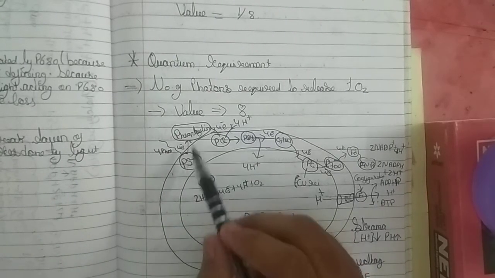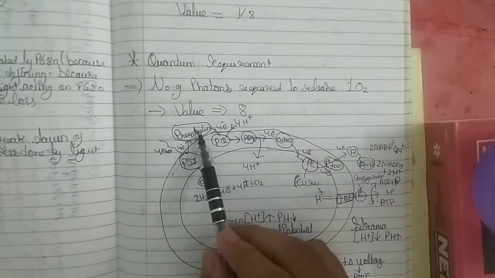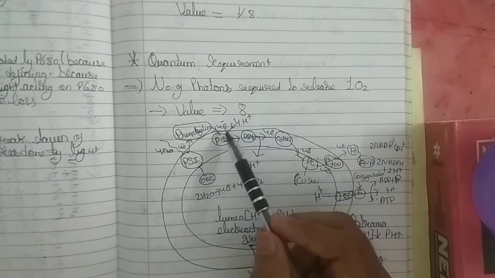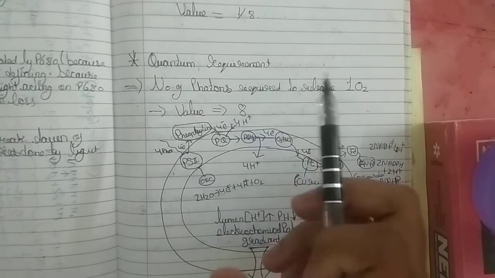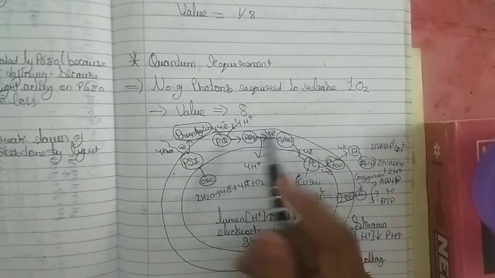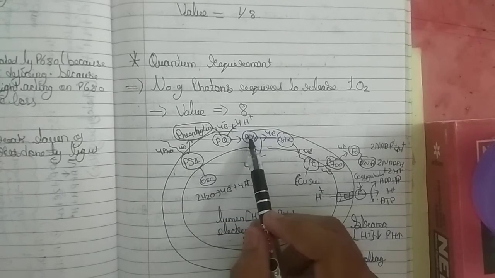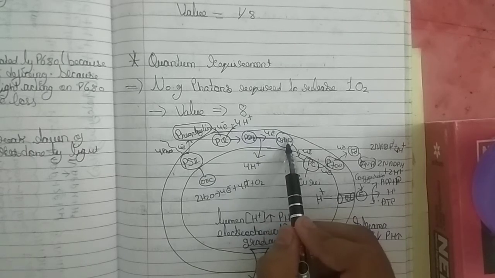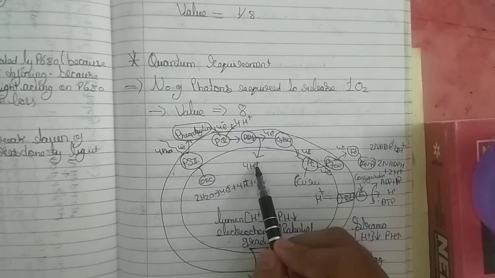Then the 4 electrons are transferred to the plastoquinone, and now 4 protons are added to it. The 4 protons plus 4 electrons produce 2 hydrogen, so it forms PQH2. Further, passing to the cytochrome b6f, it releases the 4 protons.